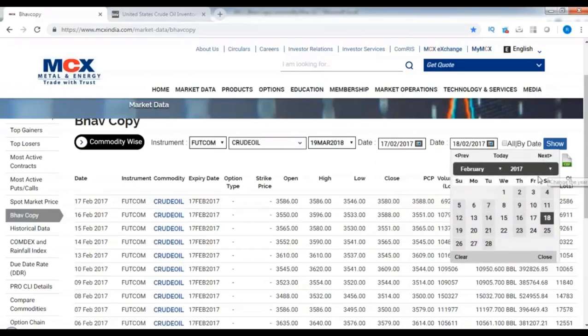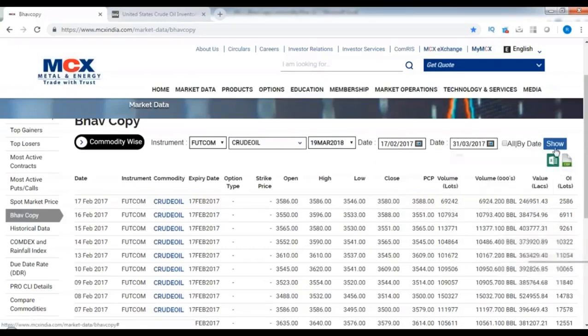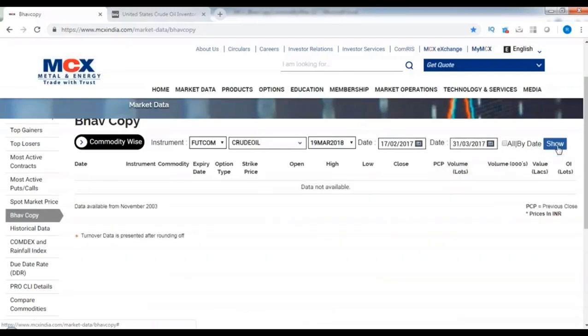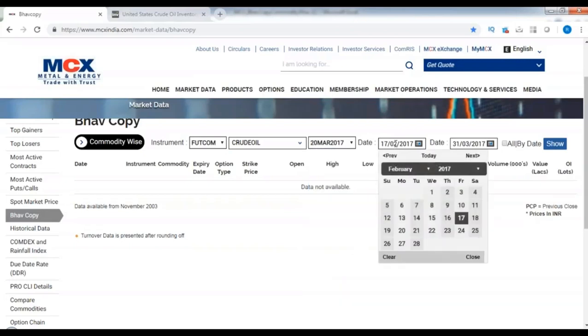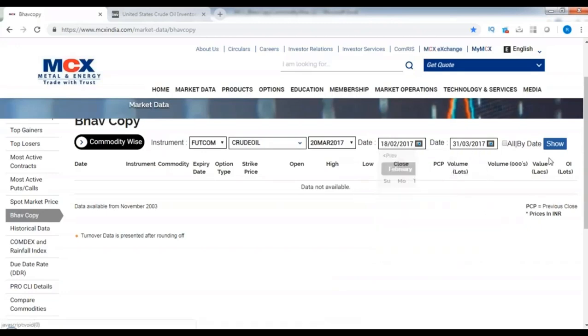And it will go till the end of March, say. So show data. Did I select correct? Oh, this is 18. March 17 is 20th, 17. So it starts on 18th of February. So basically it is 20th of February.